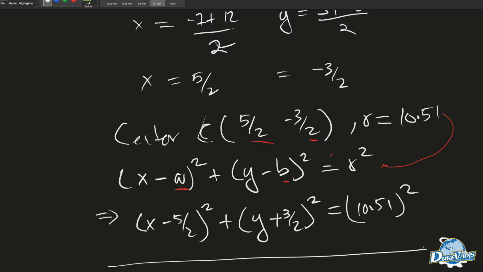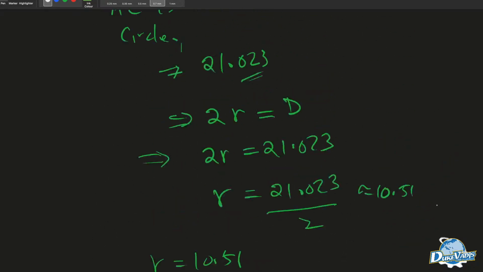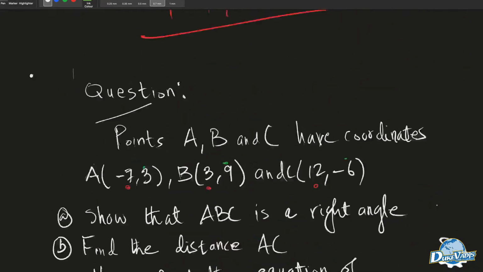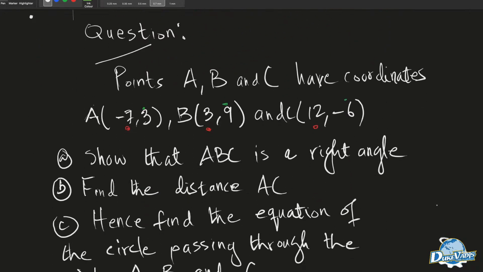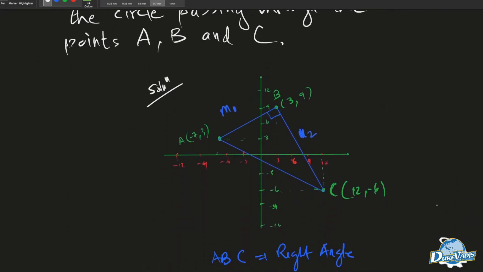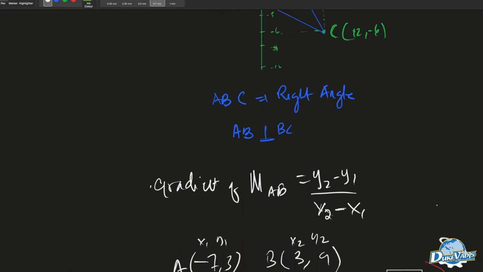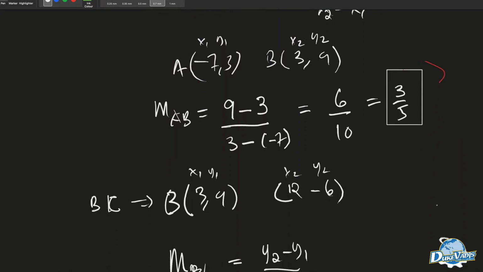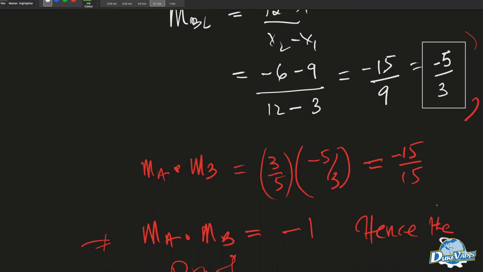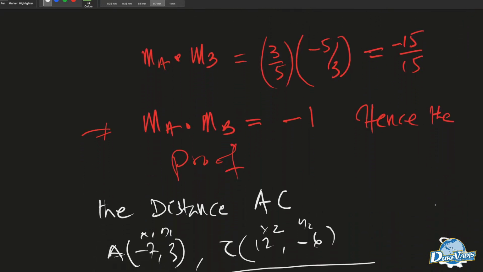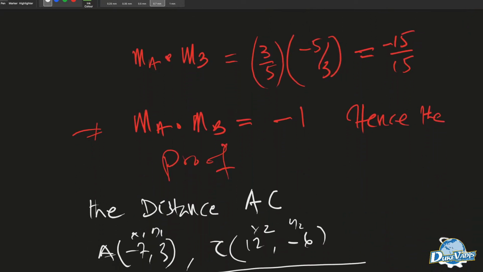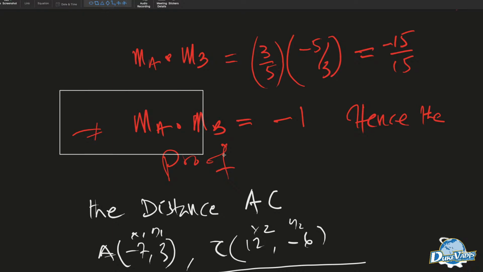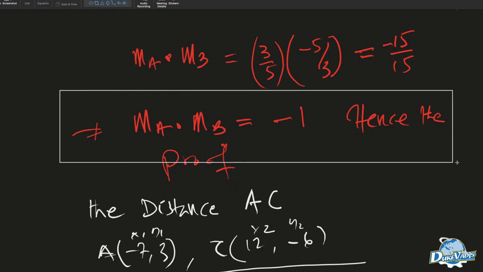Friends, I think that's where we'll call it a day. Now you can take your time, go through the question, and analyze it. You should be able to sketch the curve, knowing that ABC is a right angle. You prove it by knowing the gradients and multiplying them together, which gives us negative 1. That is the proof for the first part.